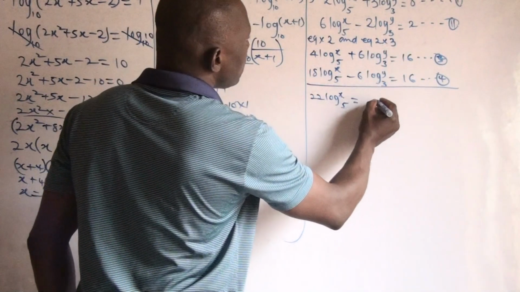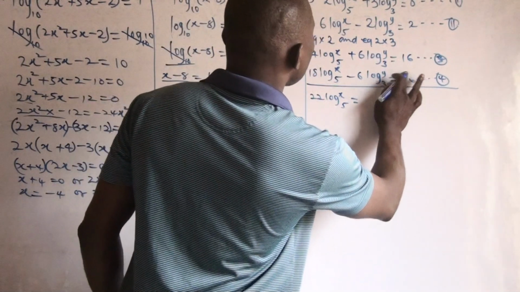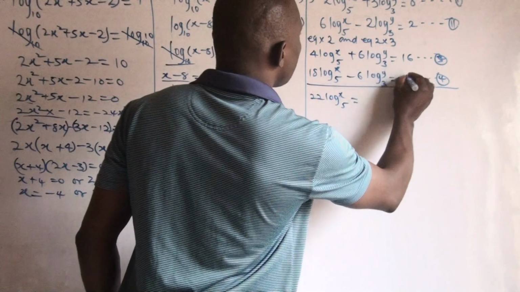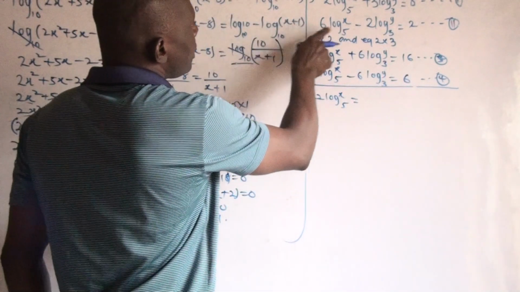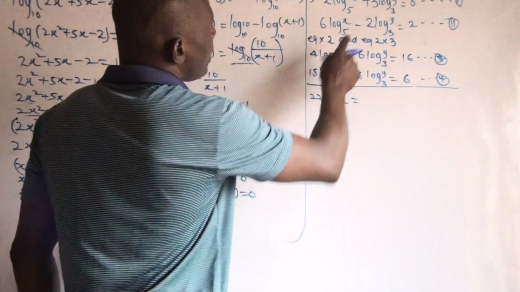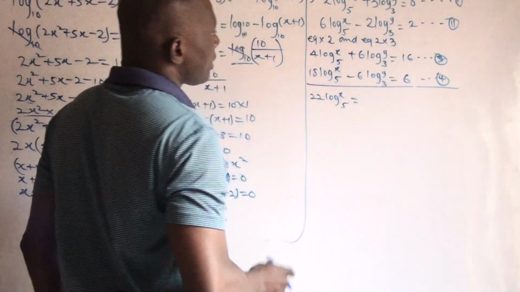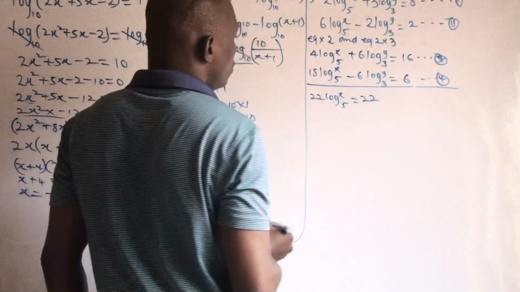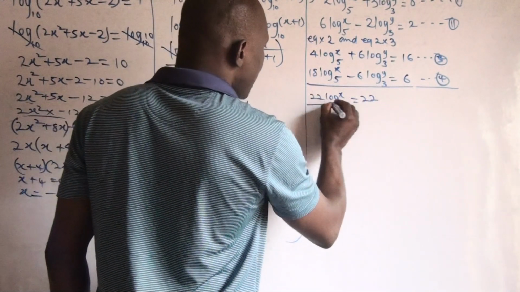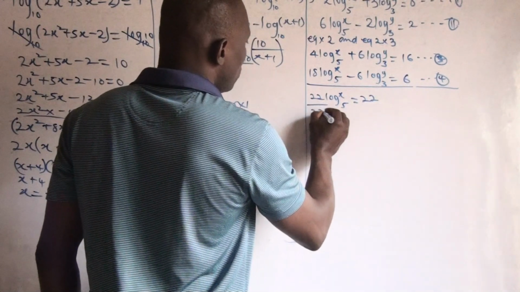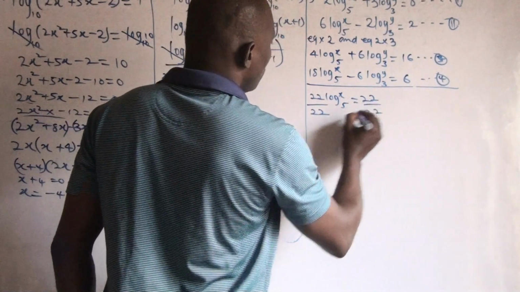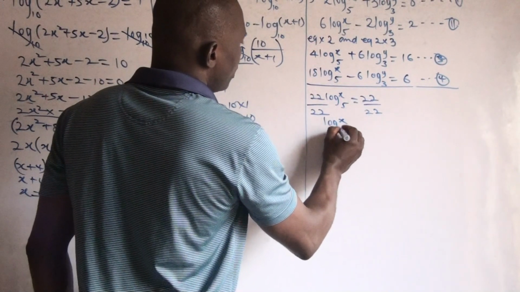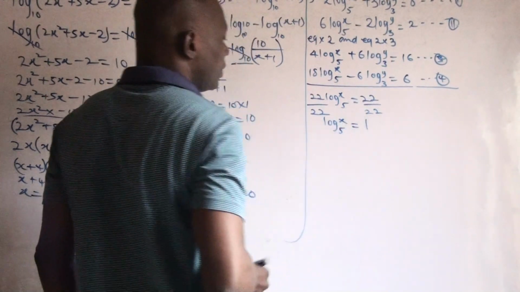If we add this to this, 2 times this is 4, 3 times this is 6, plus 3 times 2 is 6, so the right side will also give us 22. Then what we need to do is divide both sides by 22, so that here we now have log x base 5 is equal to 1.